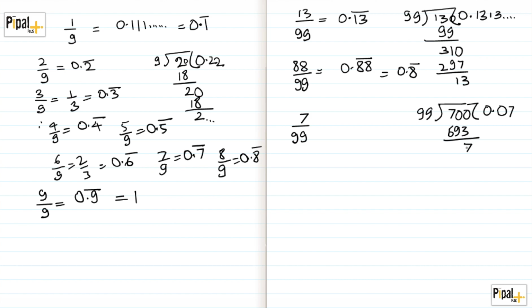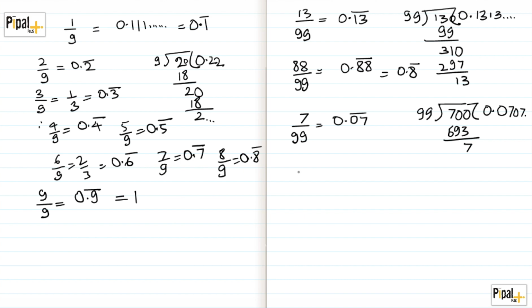So you notice that we get the same remainder, but after an extra 0 is put. I started with 7, I got a 7. So it's going to be 0, 7, 0, 7 and so on until infinity. So again, when a single digit number is divided by 99, I still get a repetition of 2 digits. So instead of a 7 being repeated, now it's 0.07 which gets repeated.